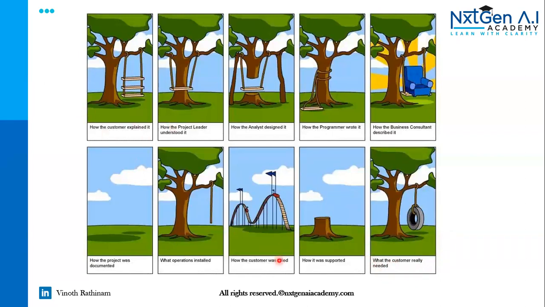So you can see this is what the customer needed, but they have explained it like this. So what is the biggest problem in the entire IT industry? Whether it is the waterfall model, V model, agile, scrum, any IT project, the biggest problem is understanding the requirement, and everyone should be on the same line.